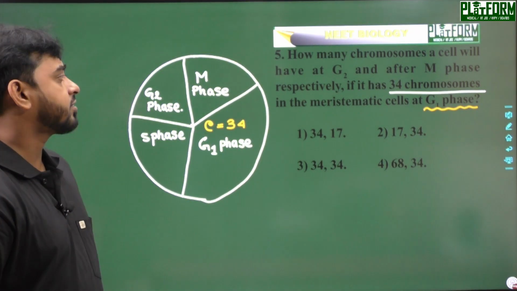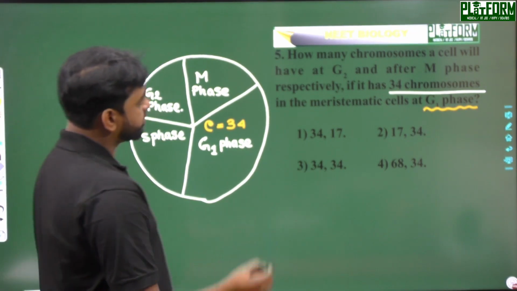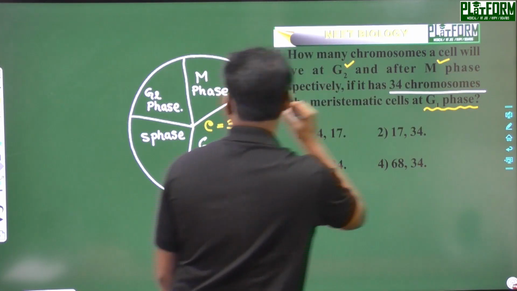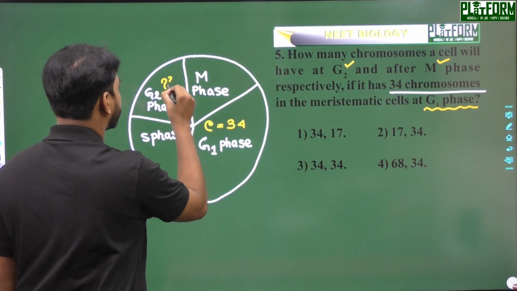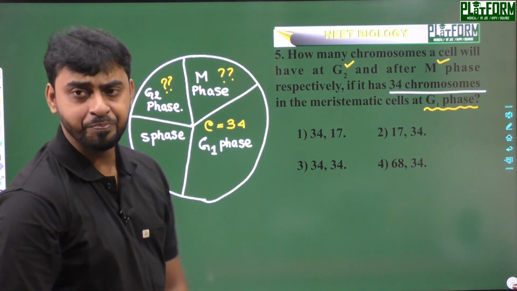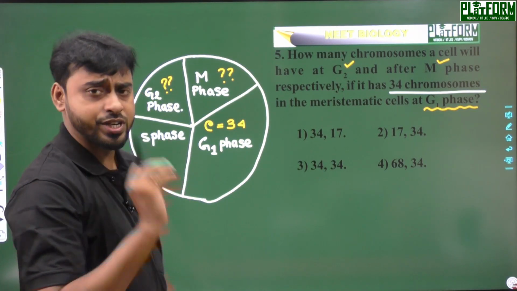Now it is asked how many chromosomes are present in G2 and M. Fine. Now this is a very tricky question.